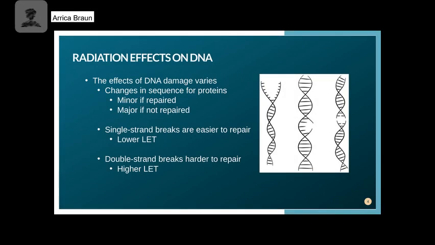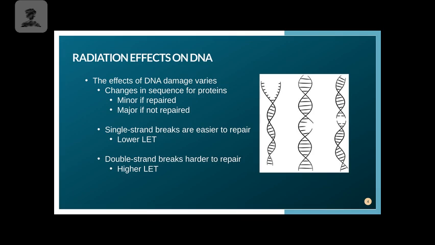Breaking it down even further, when the radiation interacts with the body, if we look on the DNA level, we are going to see that there is DNA damage that will vary depending on what type of protein was involved, and also the type of radiation that was used. Changes in sequence for the proteins can happen. Basically what occurs there is the proteins alternate in the wrong spot.